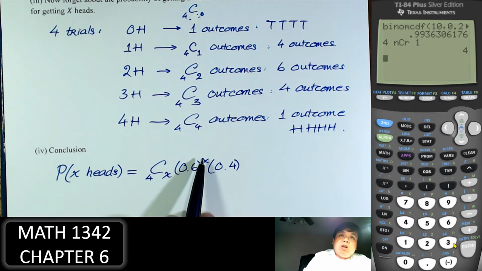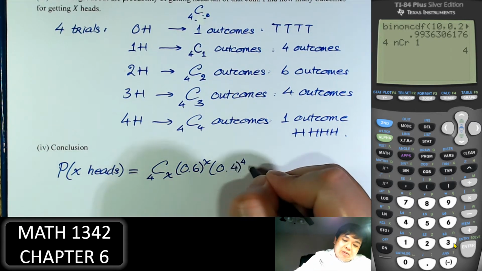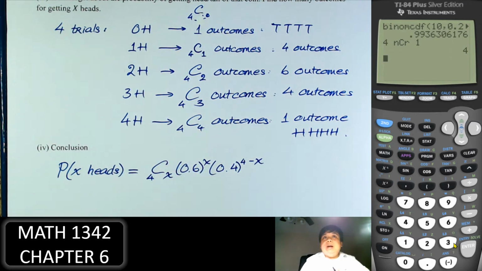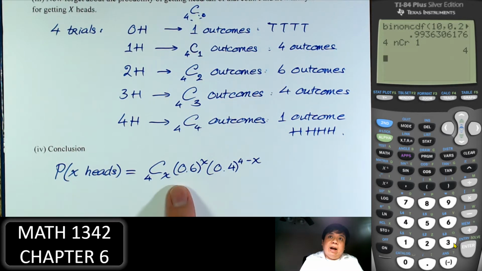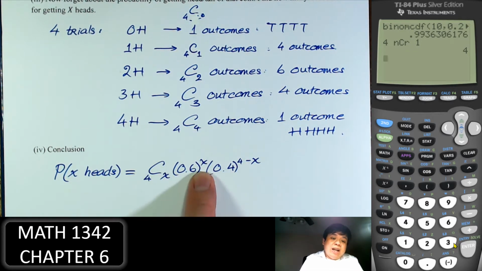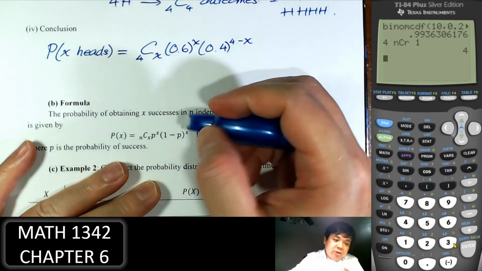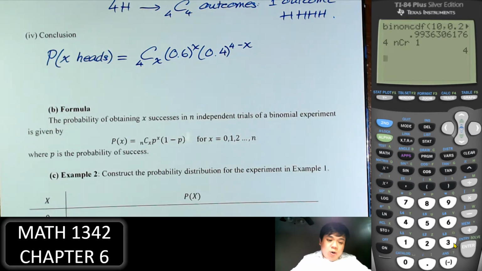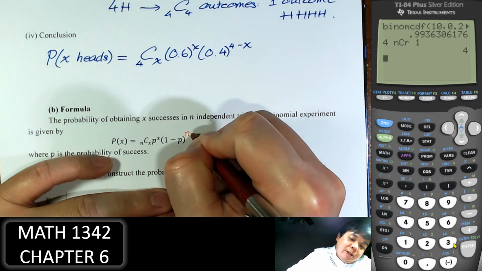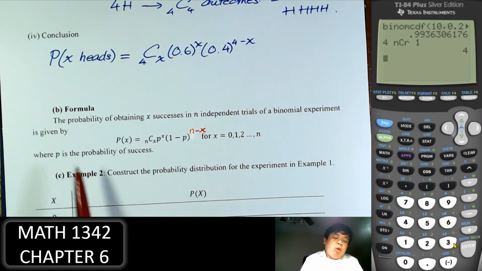If we choose X of them to be head, 4 minus X will be tails. The number of trials is 4. So that is the formula in general. I typed the wrong formula here; this should be n minus x, where x is anything from 0 to n, and p is the probability of success.